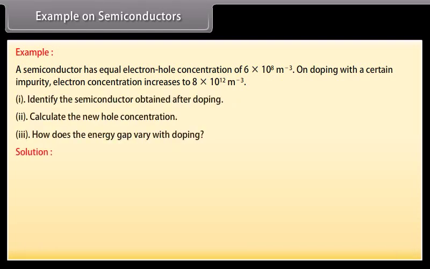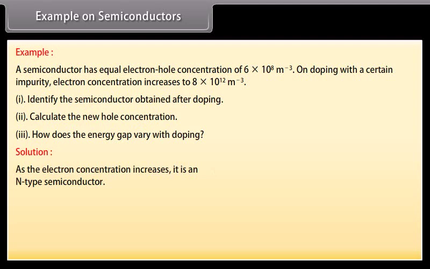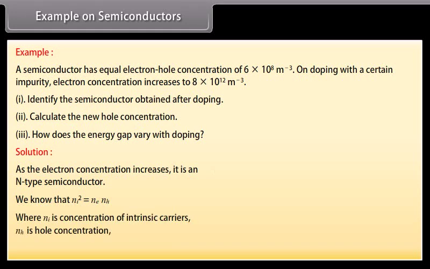Let's see the solution. As the electron concentration increases, it is an n-type semiconductor. We know that Ni square is equal to the product of Ne and NH, where Ni is the concentration of intrinsic carriers, NH is the hole concentration, and Ne is the electron concentration.